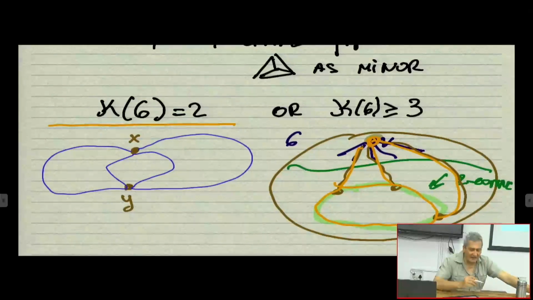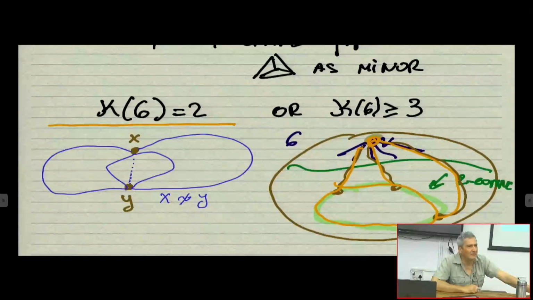Do you agree that there is no edge here? The graph is critical, and if it has a 2-cut, it has no clique cut. So x is not adjacent to y.